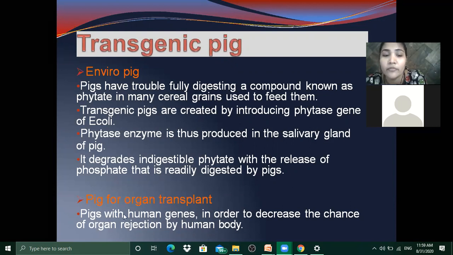Pig for organ transplant: a pig with a human gene, in order to decrease the chance of organ rejection by the human body. See, that is also very important. Whenever we have organ transplants done, the doctor performing the surgery has to make sure that the organ is not rejected by the body.